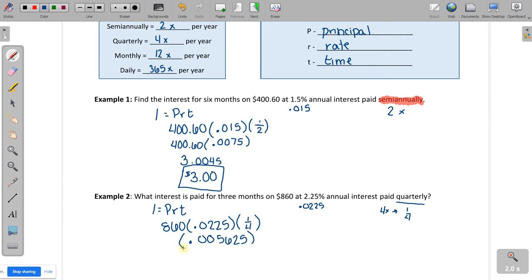We're going to take that and multiply it by 860, and we get 4.8375. Now we have to round this. We're rounding to the hundredths place, so the 7 tells us we have to round up. So we're going to have $4.84. And that is going to be paid every 3 months.